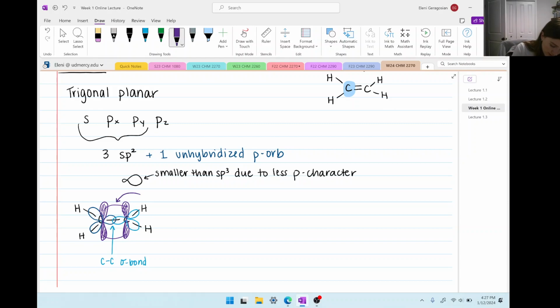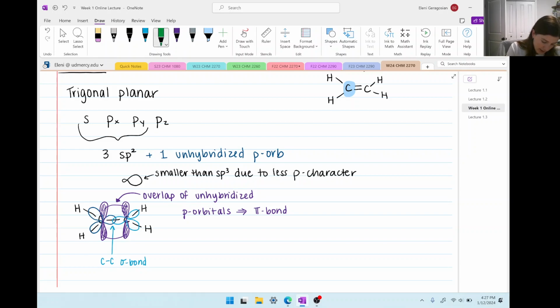We'll write that out here. So that represents pi bond. The direct overlap of hybridized orbitals between carbon and carbon is the sigma bond.